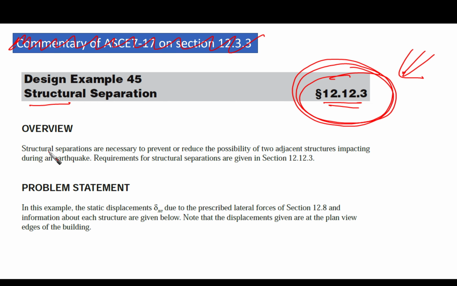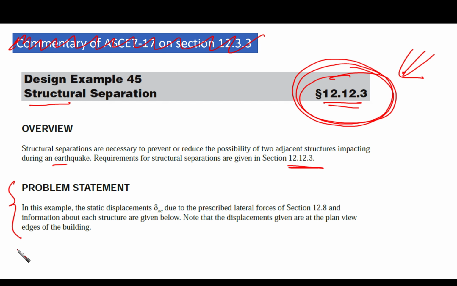Structural separations are necessary to prevent or reduce the possibility of two adjacent structures impacting during an earthquake. Requirements for structure separation are given in section 12.12.3. Now let's go to the problem statement.